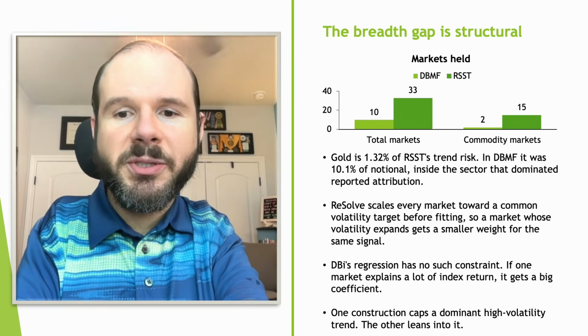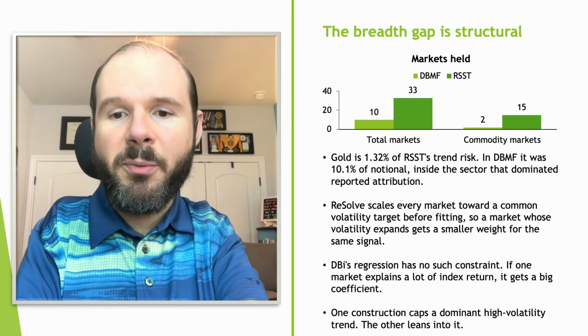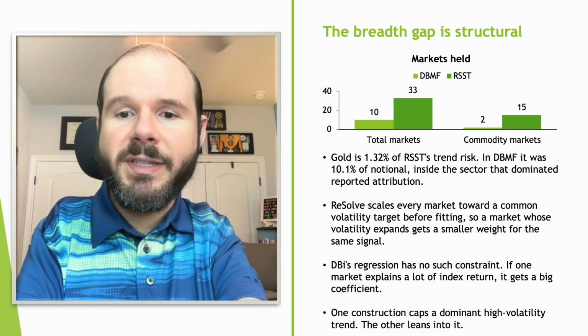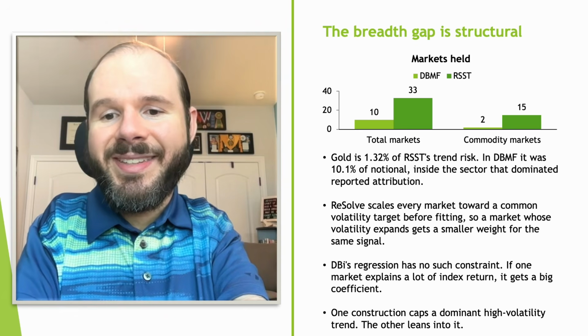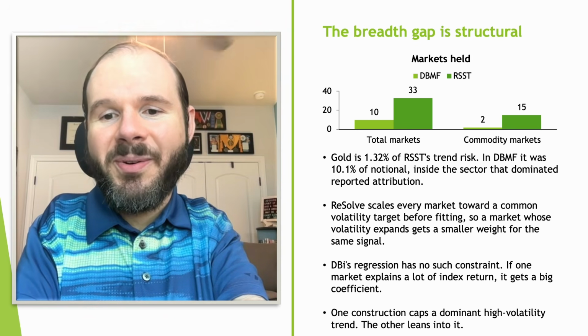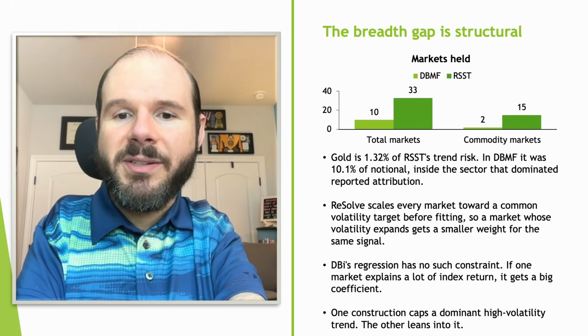I mean, not to mention the SG Trend Index has historically outperformed the SG CTA Index. So it doesn't really need to take more risks. It's already pursuing a more volatile group of strategies.